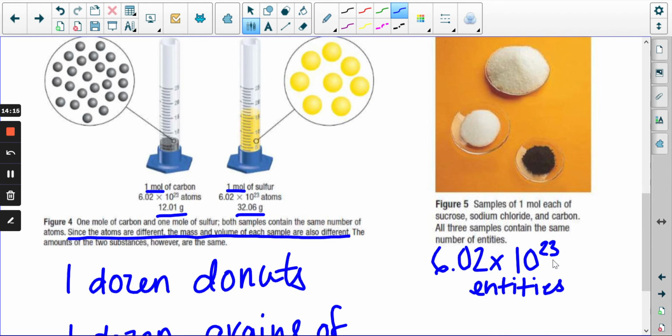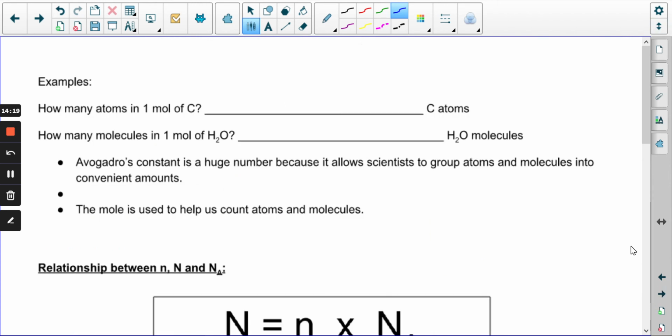Okay, so next up, we're going to see a couple of examples of this. For example, a question could say, how many atoms are in 1 mole of carbon? Again, 1 mole represents 6.02 times 10 to the 23, in this case carbon atoms.